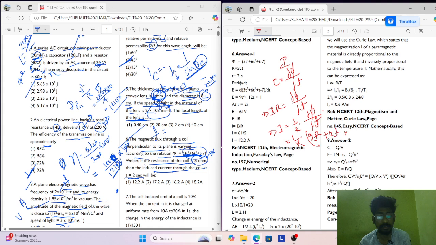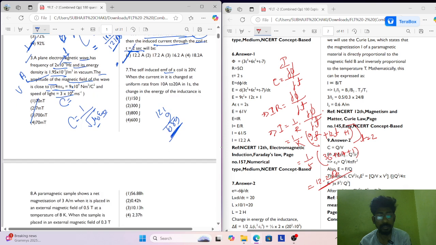Then 12t plus 1. Now for t equals 2, and 1 by R is 1 by 5. So this will be 4 threes are 36 plus 24 plus 1, that is 61. 61 divided by 5 means 12.2 ampere will be our answer.